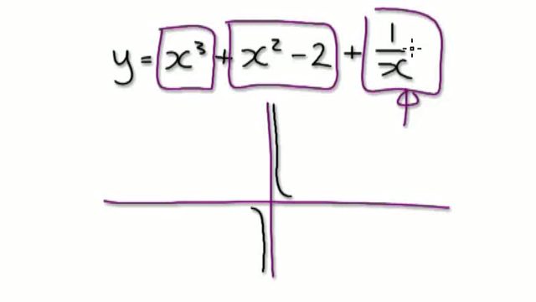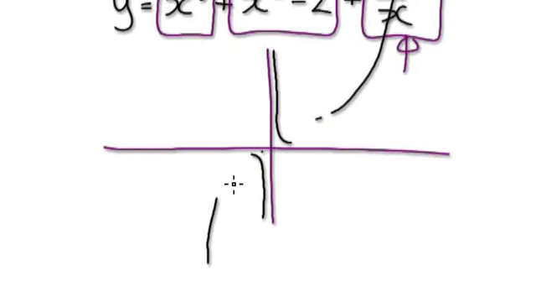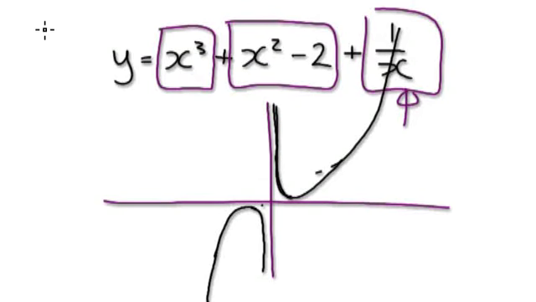So you've got to do something like this, and then it wants to follow through here like this, and then down here like that. So now it's just a matter of joining up the two parts. So your graph will look like this. So this weird graph will actually look like this.